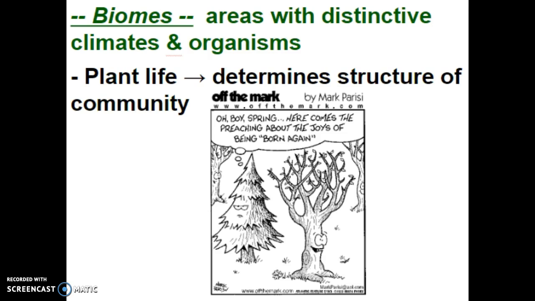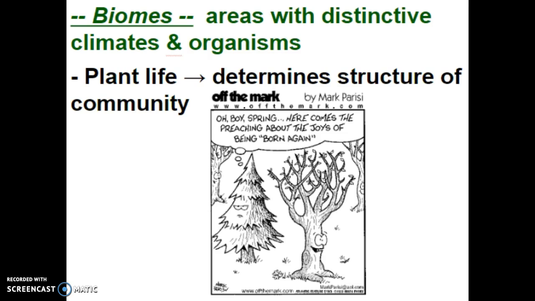Plant life determines the structure of the biological communities. Plants have a range of tolerance of both precipitation and temperature. And so because trees and other plant life have ranges that they can tolerate, they live in particular areas of the world.